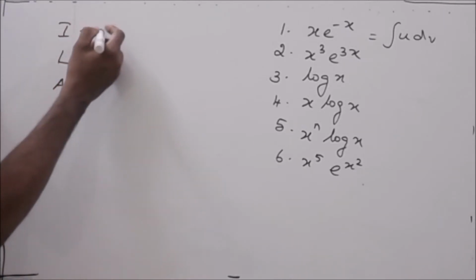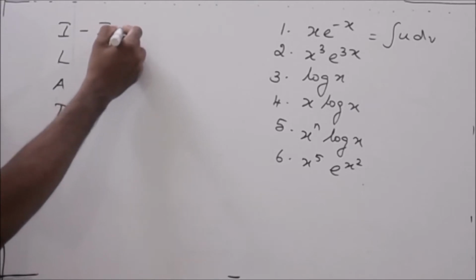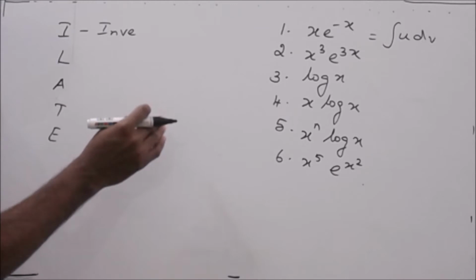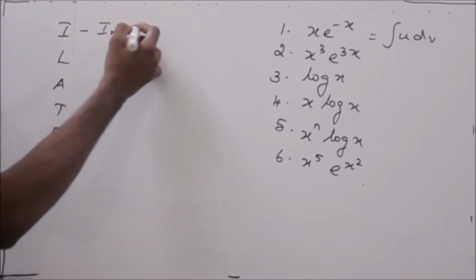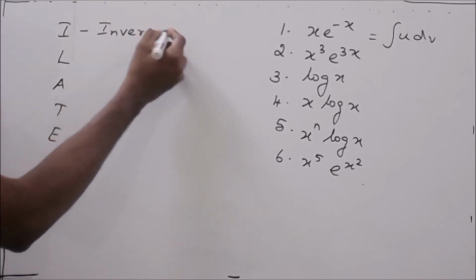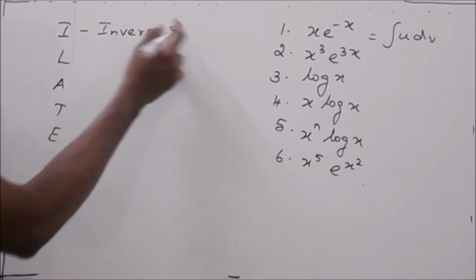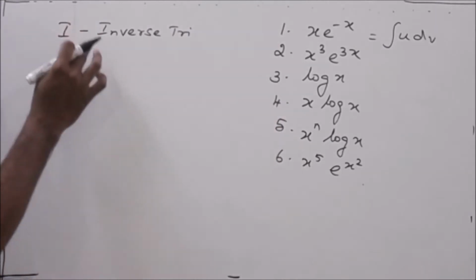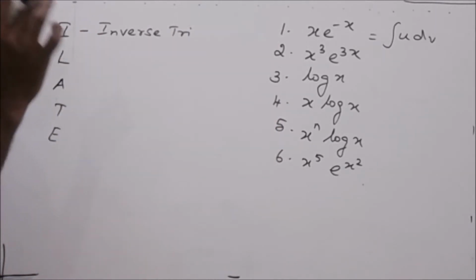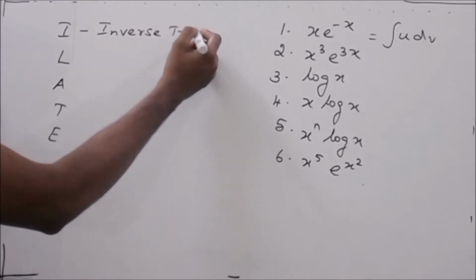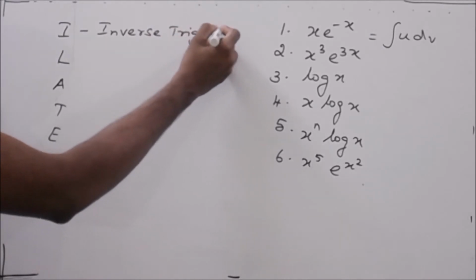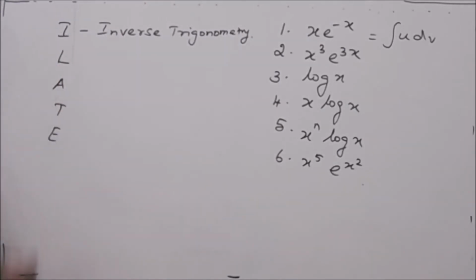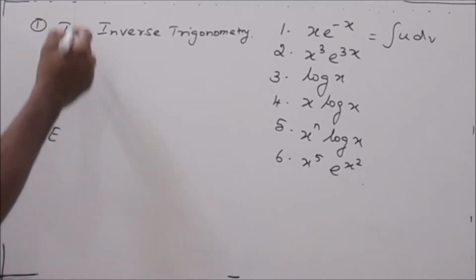I means inverse trigonometric function. If an inverse trigonometric function appears in the given problem, first take it as u. This is the first priority given to choose u.